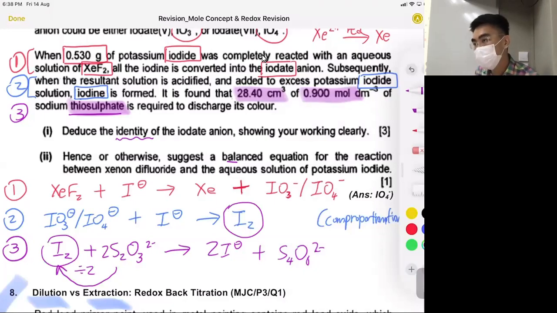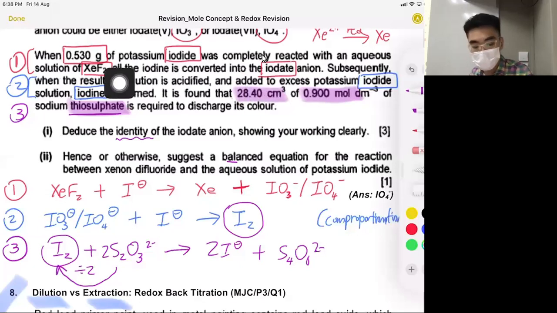But do we know the moles of iodate? Actually, we know. You know how I find out? It's because the iodate came from the 0.53. In step number 1, all the iodide here was converted to iodate. Do you read this sentence? All the iodine is converted to the iodate.